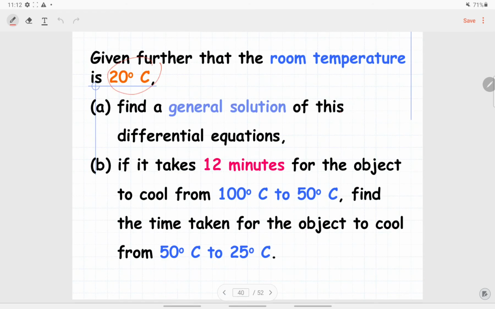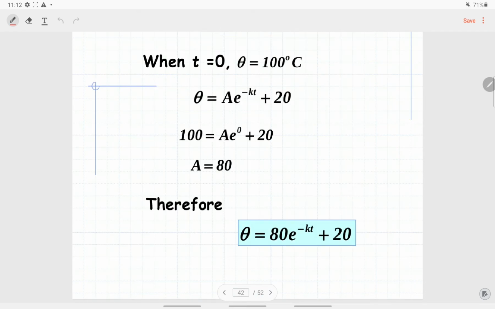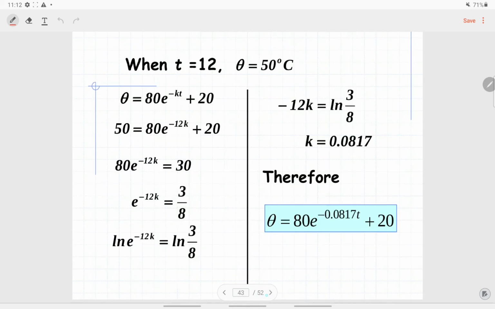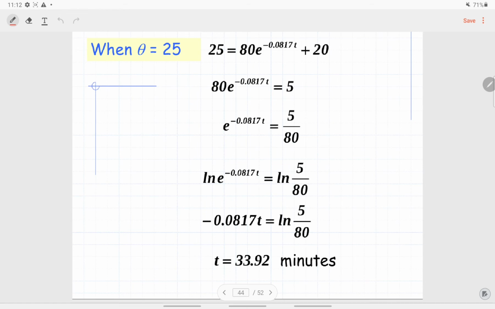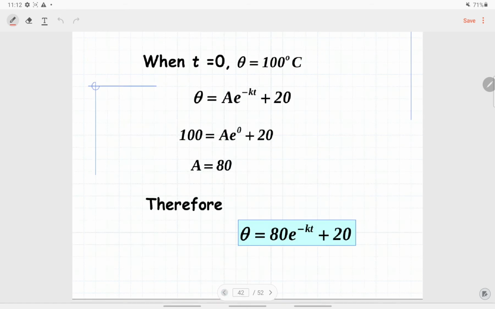If it takes 12 minutes, okay. Now we look at when t equal to 0 first. When t equal to 0, it is 100 degrees Celsius. Because question B, if it takes 12 minutes for the object to cool from 100 degrees Celsius to 50 degrees.